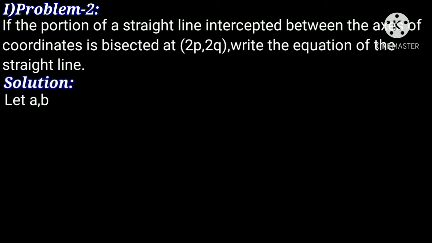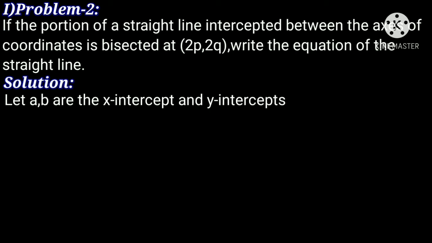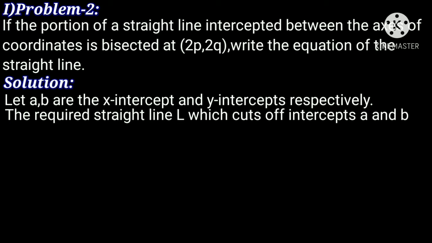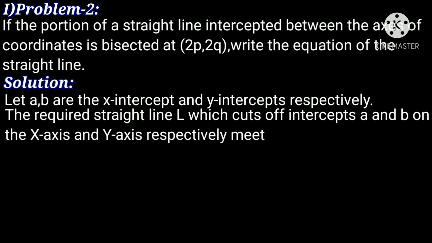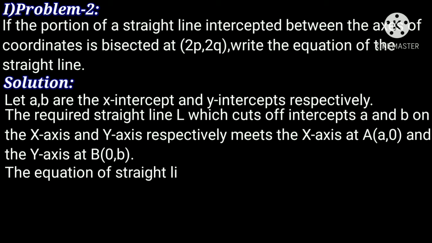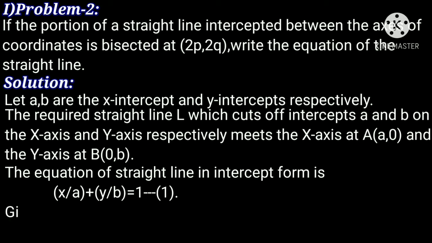Solution. Let a, b be the x-intercept and y-intercept respectively. The required straight line L, which cuts off intercepts a and b on the x-axis and y-axis respectively, meets the x-axis at capital A (a, 0) and the y-axis at capital B (0, b). The equation of the straight line in intercept form is x by a plus y by b equal to 1.